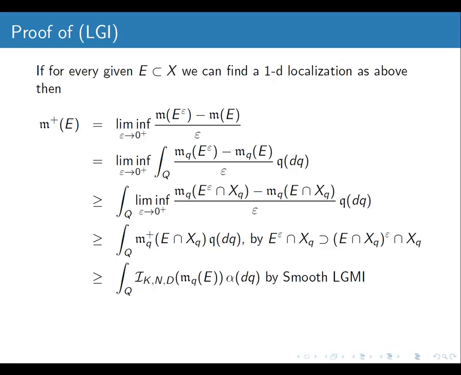And maybe your set E is something like this. What is not hard to understand is that if you do the enlargement and first consider this contribution here, this will be bigger than first doing the intersection with each single ray and then doing the enlargement.